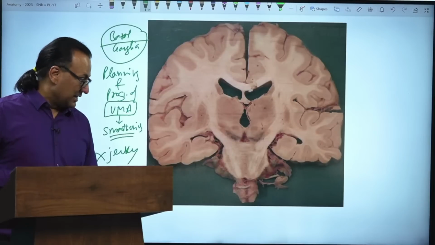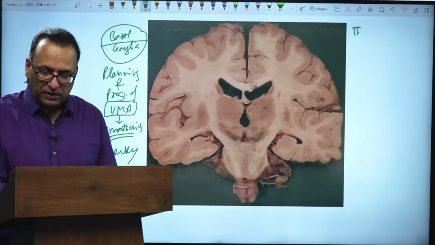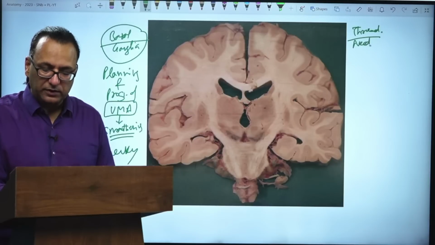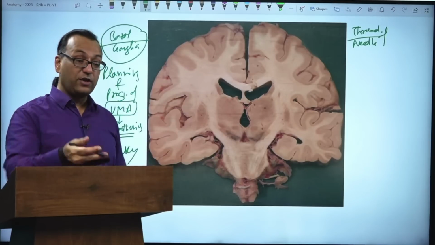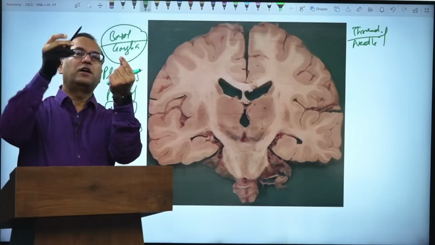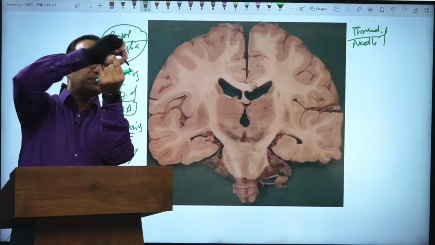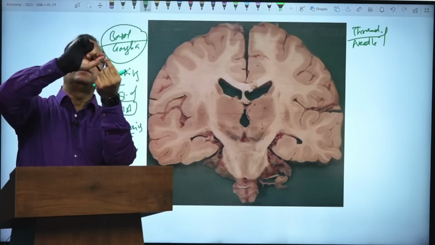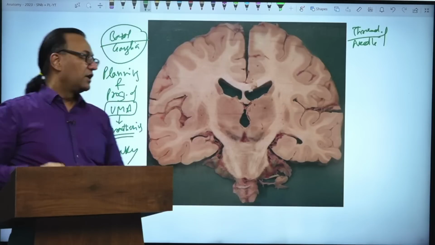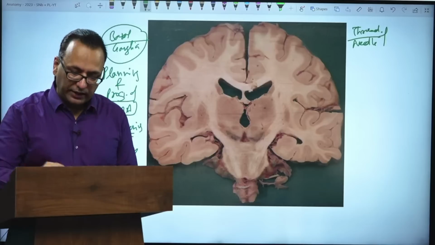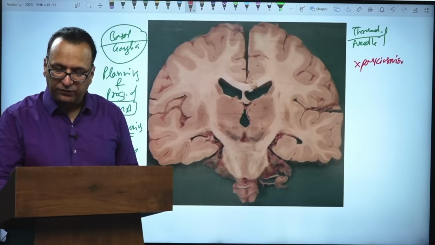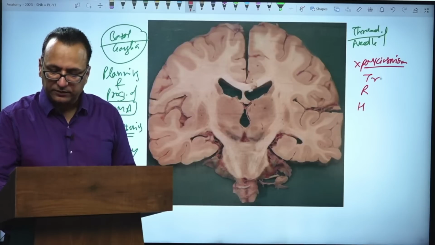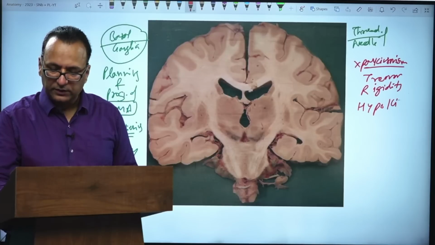For example, you are given a thread and a needle on the table, and the examiner is asking you, thread the needle. That should be a smooth movement. It cannot be a jerky movement, isn't it? But sometimes it can become jerky, like in Parkinsonism. Parkinsonism is identified by tremors, rigidity and hypokinesia.